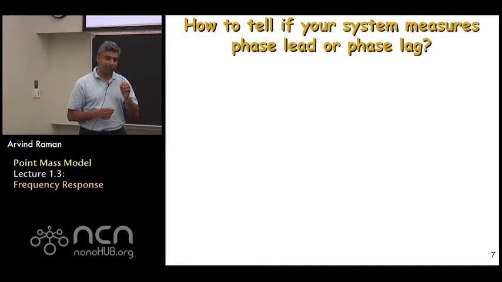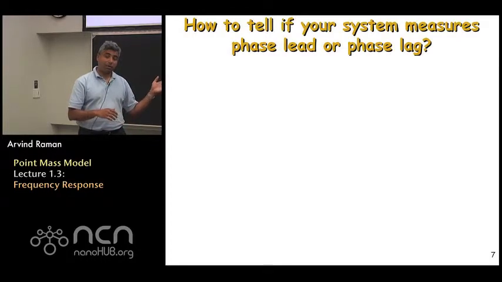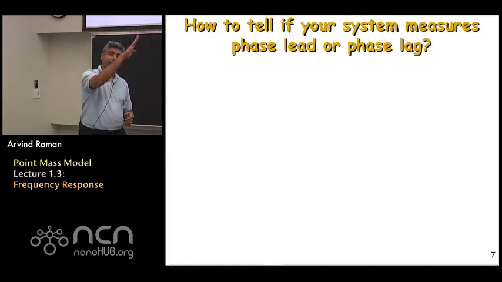What you can try to do is what's called a tuning curve. Most AFM systems have the ability for you to take the cantilever away from the sample, sweep the drive frequency from below resonance to above resonance, and plot the phase of the response as a function of frequency. As we've seen before, if you're plotting phase lag, the phase lag as a function of drive frequency behaves as shown on the left: it slowly increases and saturates at a value of 180 degrees.